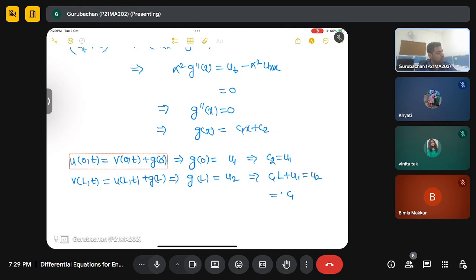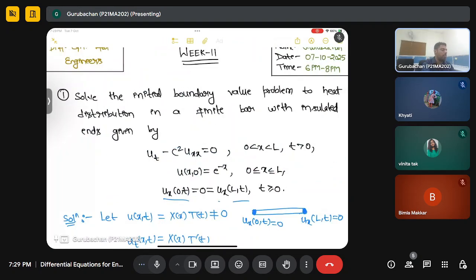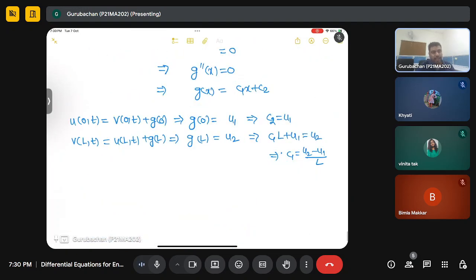So c1 will be u2 minus u1 divided by l. So from here you got the restriction on g(x) and what u(x,t) can be.